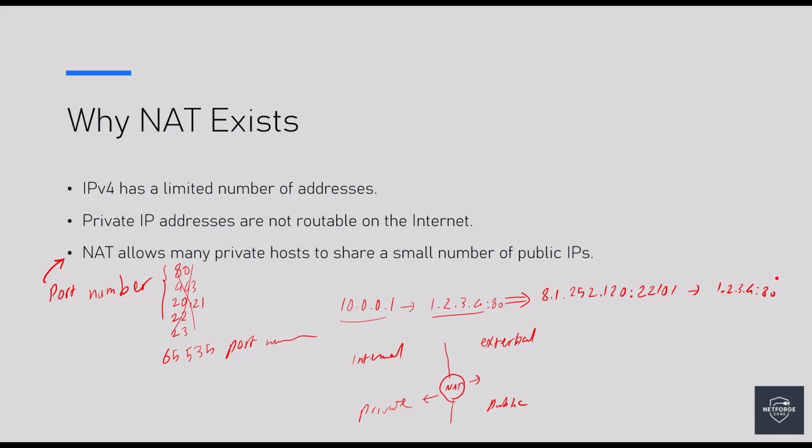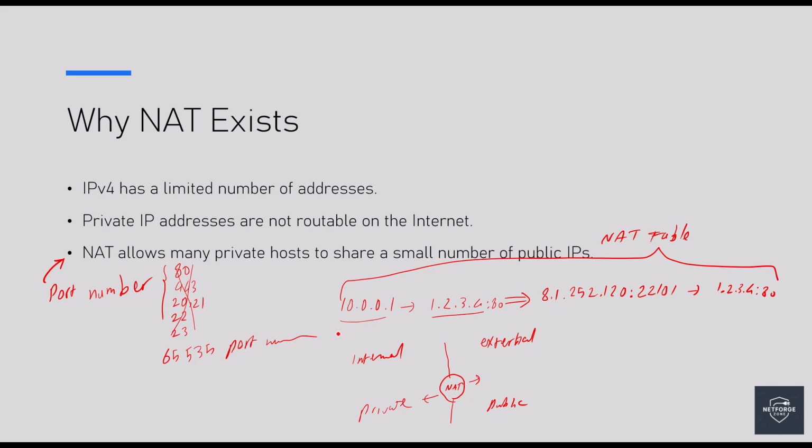I have this inside a table, and I call this a NAT table, a network address translation table inside my network. So when I receive the response back from 1.2.3.4 to 81.252.120 on port 22101, I understand that this is for 10.0.0.1. I change it and send it inside my network.